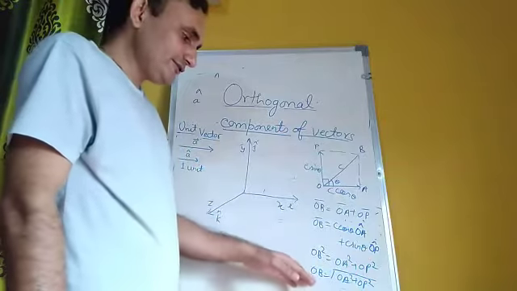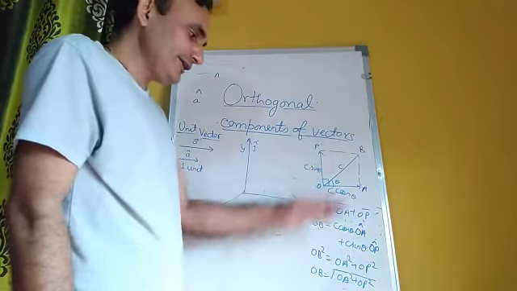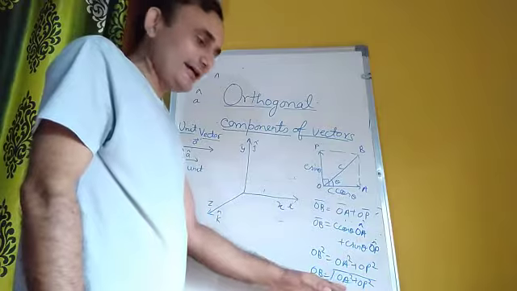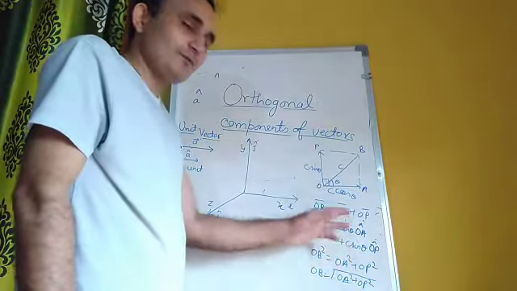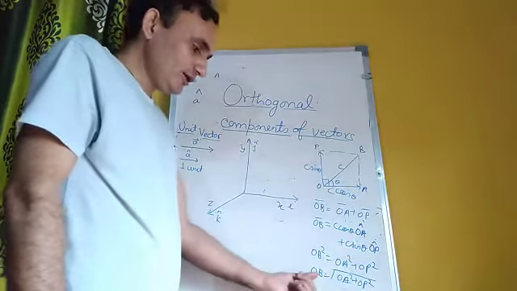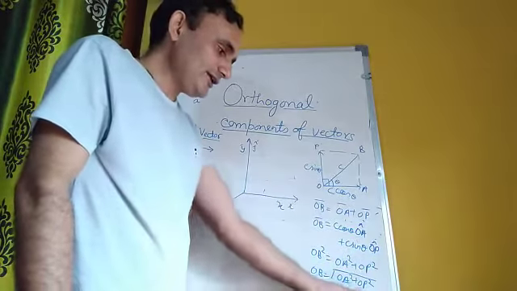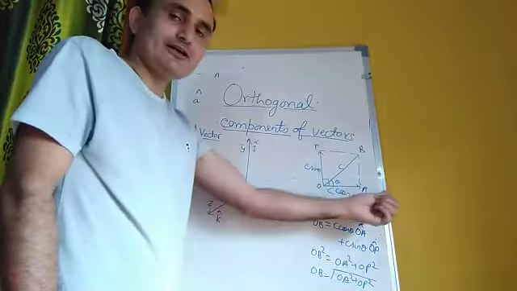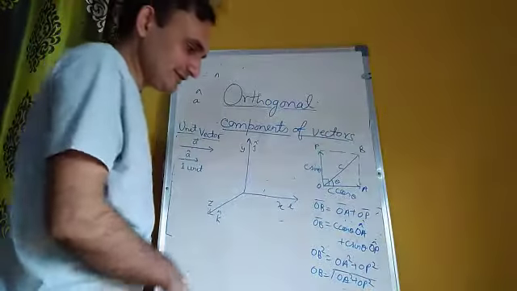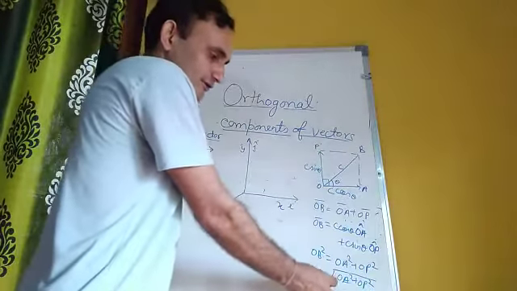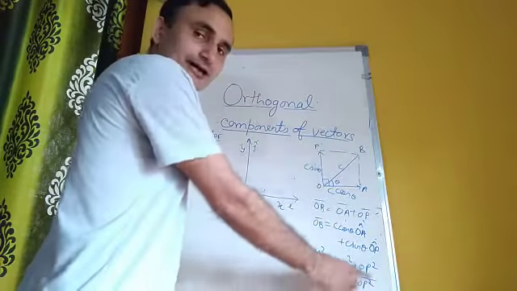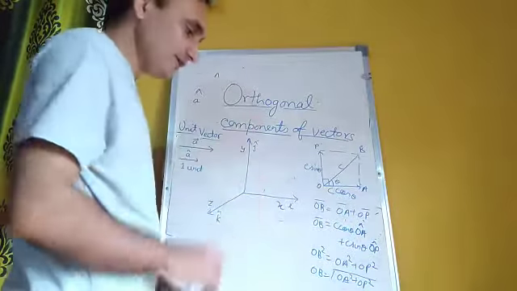In this way we get the magnitude of OB by squaring and summing the two components. So the magnitude of a vector is equal to the root of the sum of the squares of its rectangular components. This is very important.